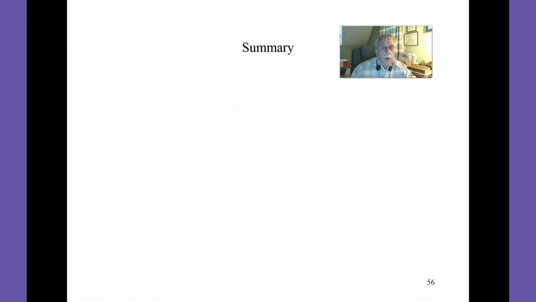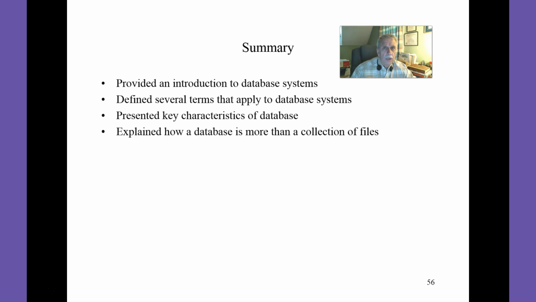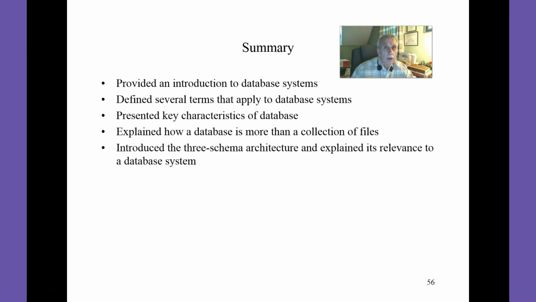As we wrap up our lecture on general motivation for database, let's consider what we've covered in these videos. We provided an introduction to database systems. We defined several terms that apply to database systems. We presented key characteristics of database. We explained how a database is more than simply a collection of operating system files.